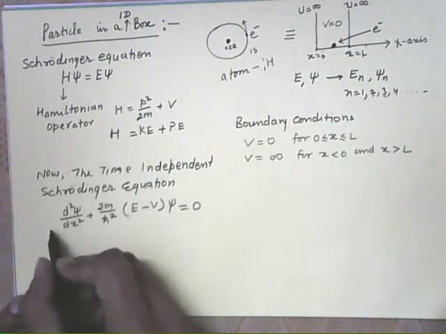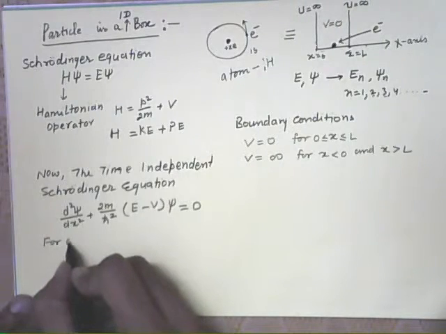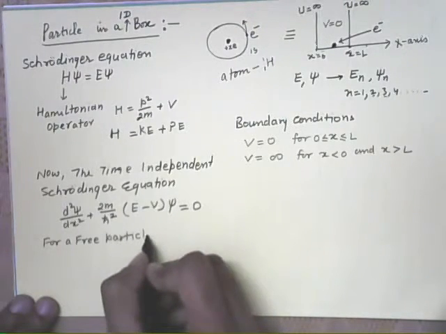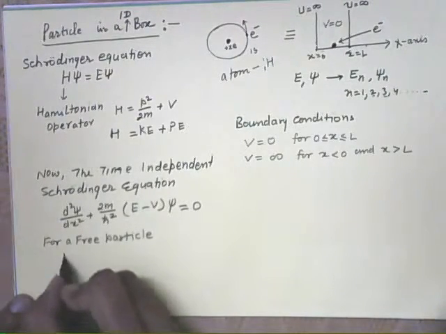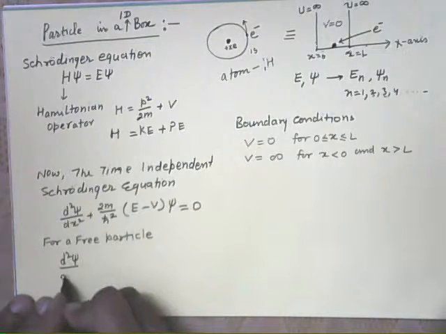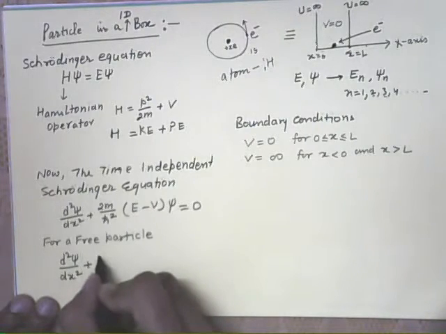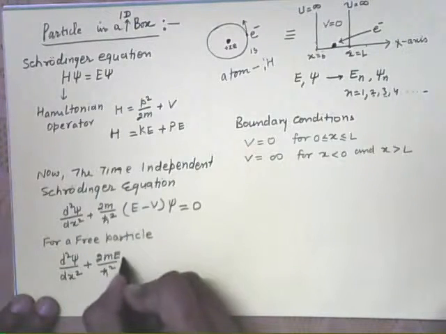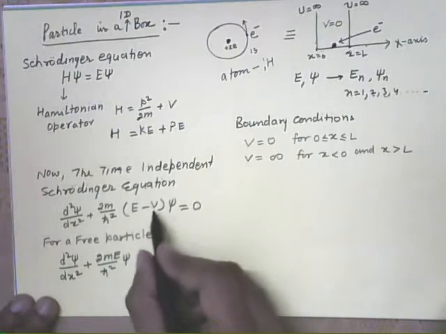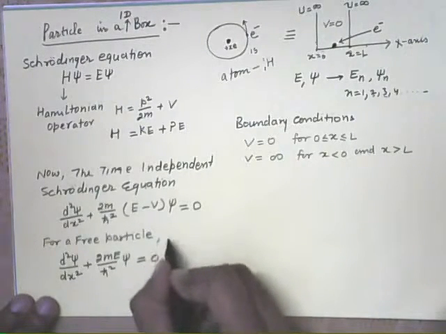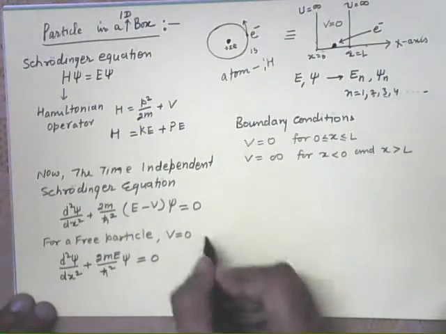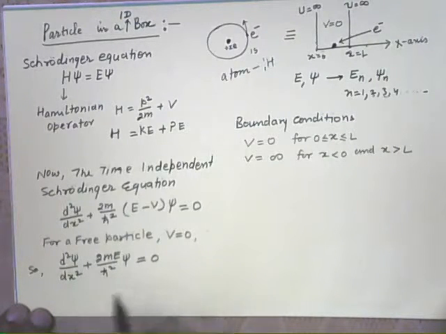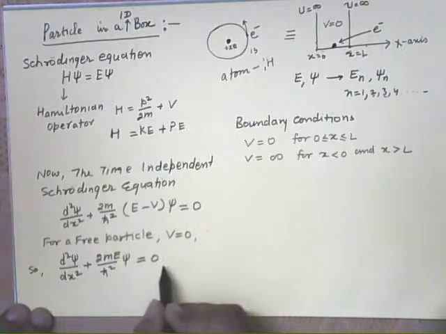So for a free particle, the above equation becomes d²ψ/dx² + (2mE/ħ²)ψ = 0, because this term will be equal to 0, since for a free particle V is equal to 0. So you have d²ψ/dx² + (2mE/ħ²)ψ = 0.